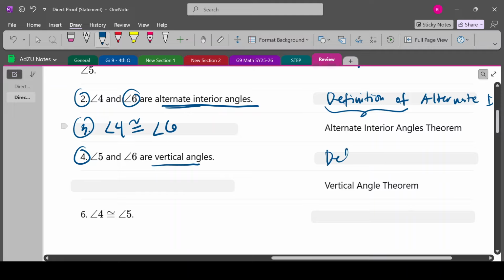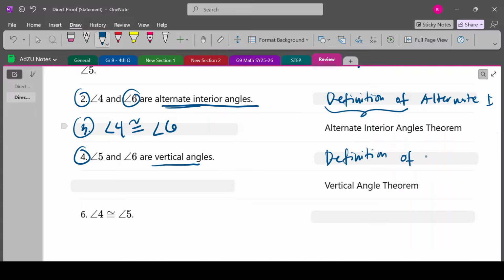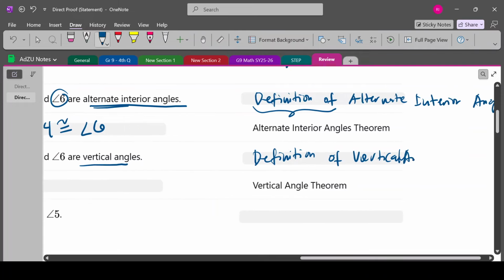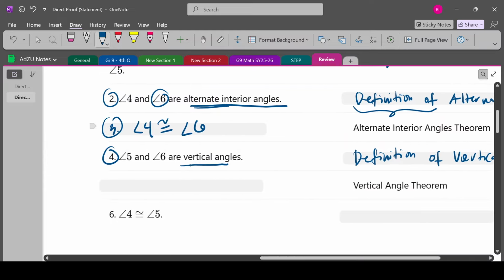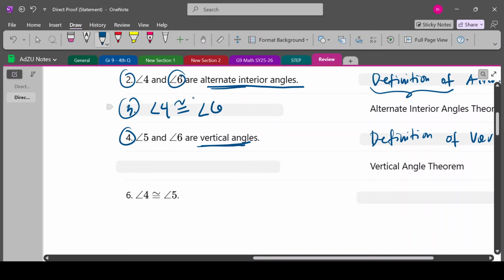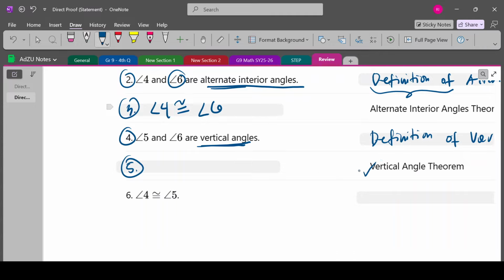Okay, definition of vertical angles. So, ito na yung clue nyo, yung mga clue words. Okay? Okay, number 5. Number 5, we have vertical angle theorem.